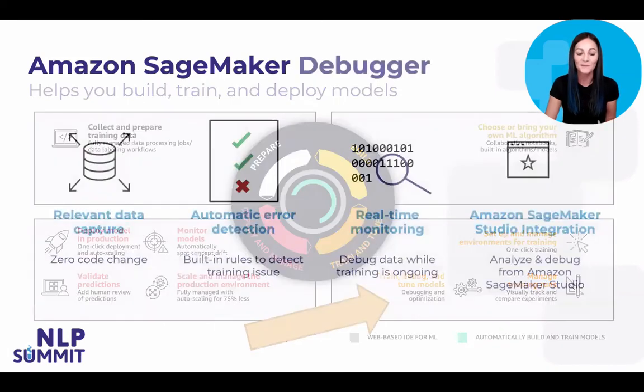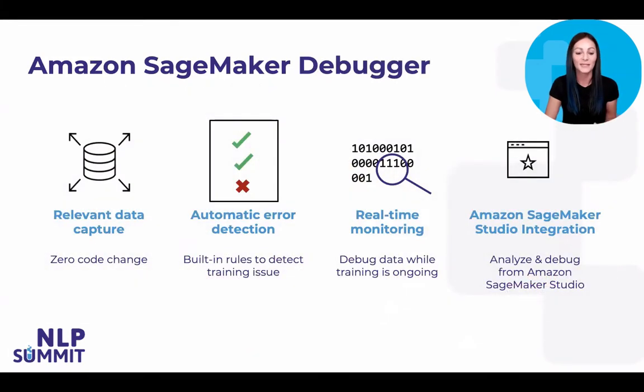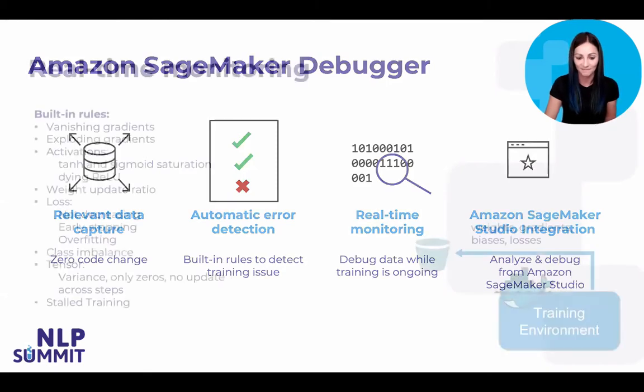So this is the tool I'm going to use. And Debugger really gives us that functionality. It captures data with 0 code changes. It can do automatic error detection with a lot of built-in rules, for example, when gradients are vanishing, or loss is not decreasing of your model. And we're specifically going to use the real-time monitoring to capture all the tensor information during training to see what's going on.